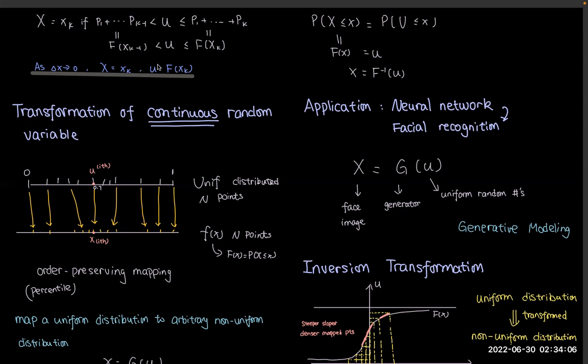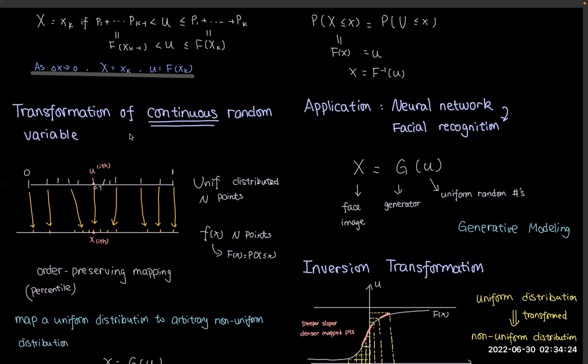And you can also compare the continuous cumulative distribution function with the discrete cumulative distribution function. So in the discrete case, the big F is a staircase function, right? As we showed in the first lecture.